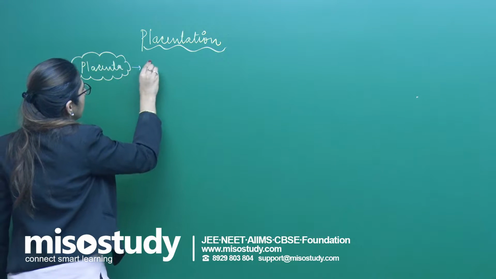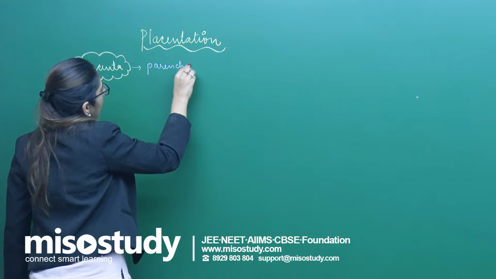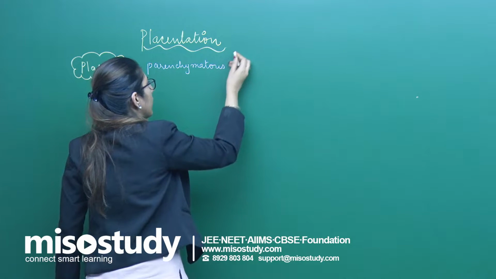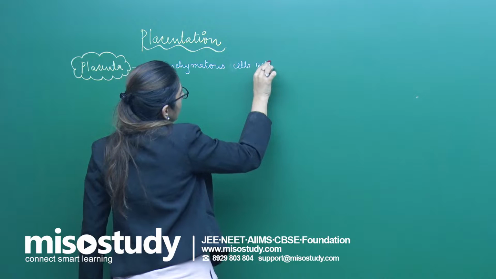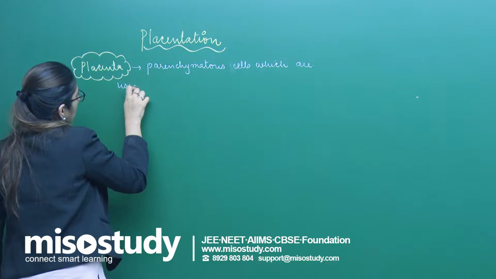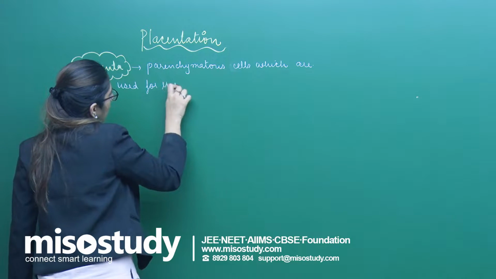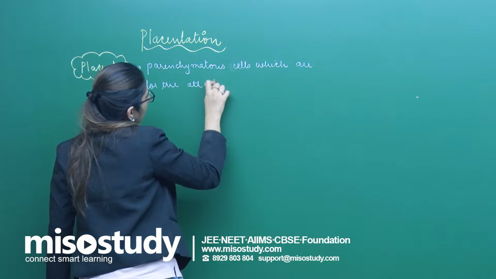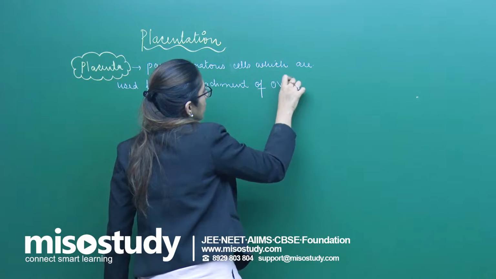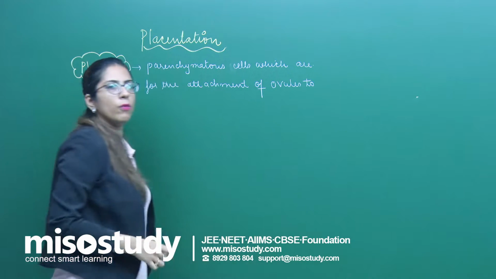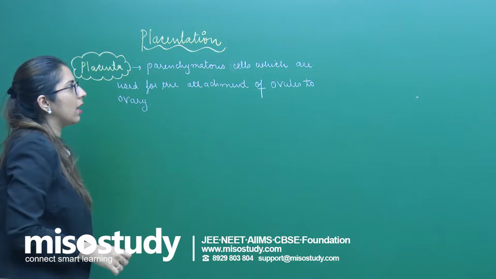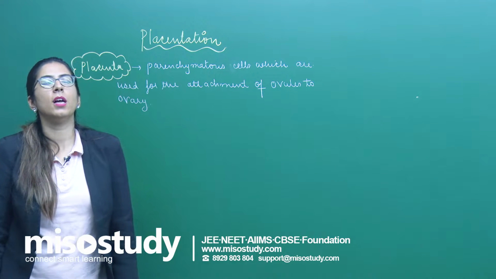So, these are parenchymatous tissues, or you can write the cells which are used for the attachment of ovules to ovary.